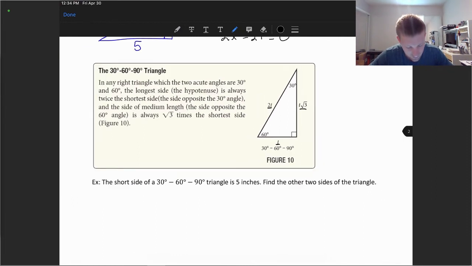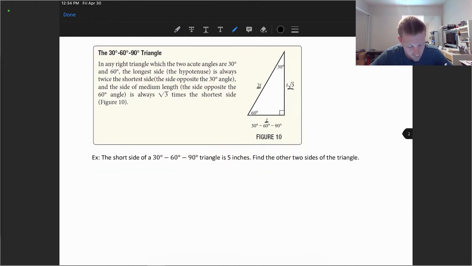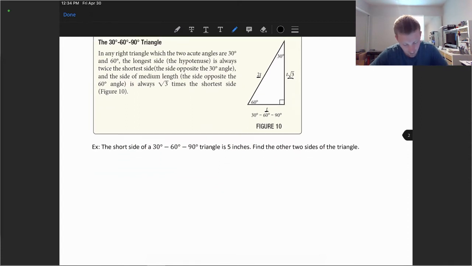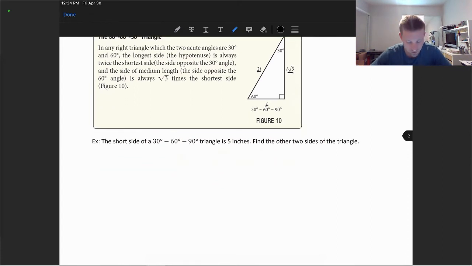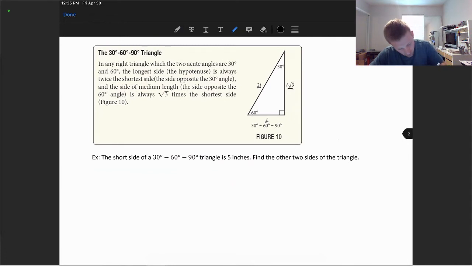So let's get used to working with this ratio. In this example, the short side of a 30, 60, 90 triangle is 5 inches. Find the other two sides of the triangle. Okay, so let's draw another picture of this 30, 60, 90 triangle and solve for our remaining sides.